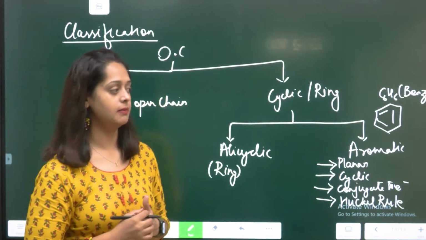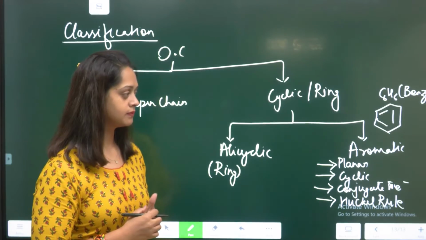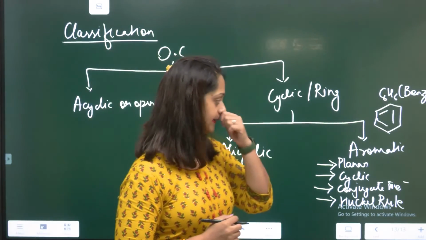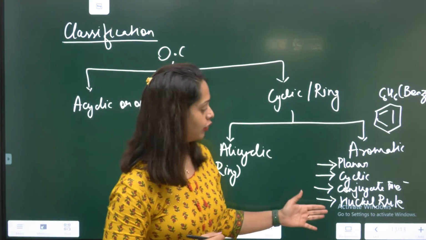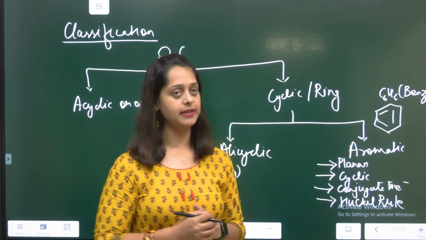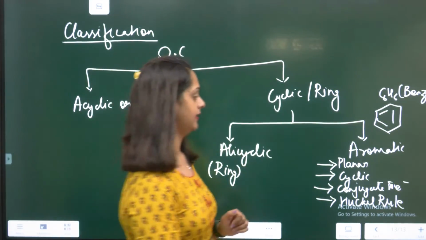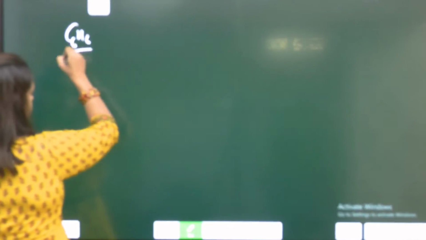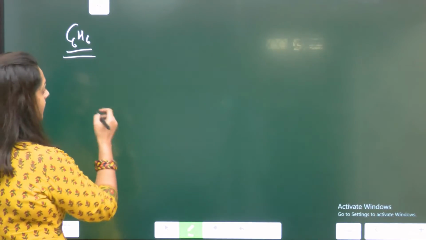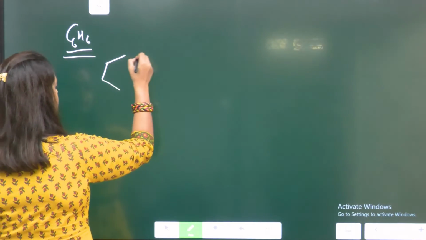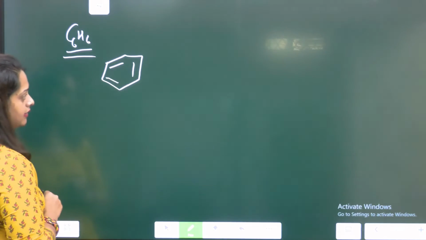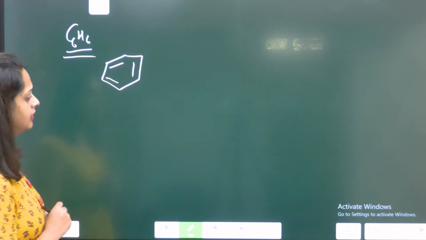So what can I say when I compare these 4 parameters and I see the benzene ring? C6H6, that means alternating double bonds.